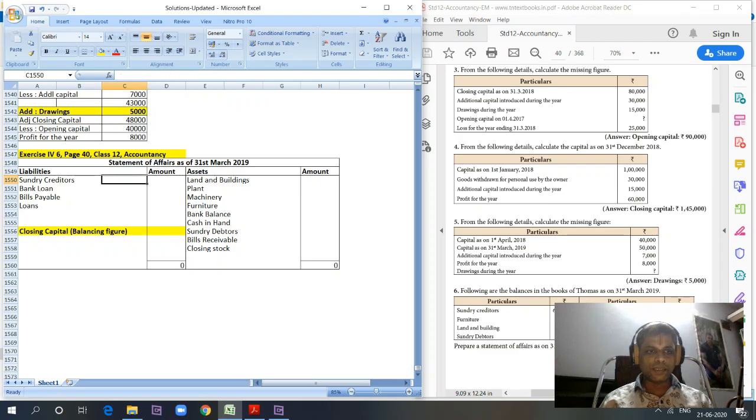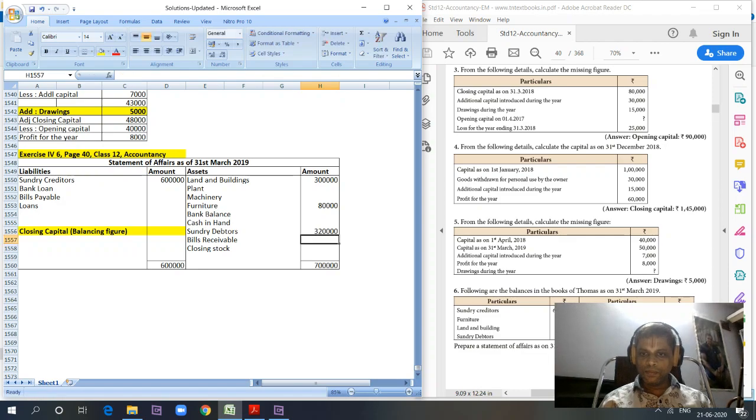Sundry creditors 6 lakhs. Furniture 80,000. Then we have land and buildings 3 lakhs. Then we have sundry debtors 3 lakh 20,000.